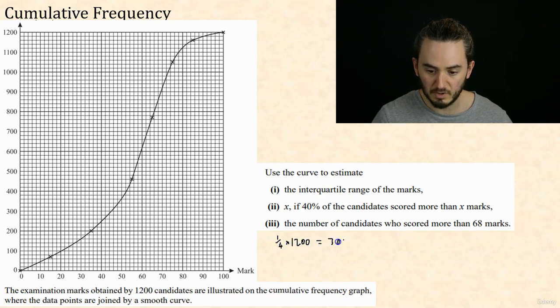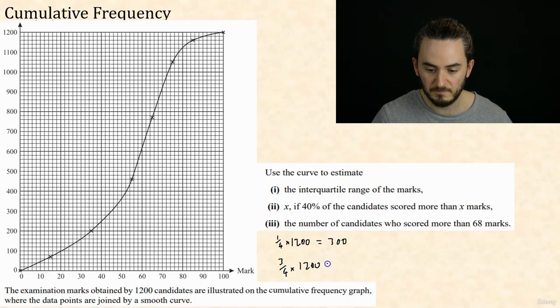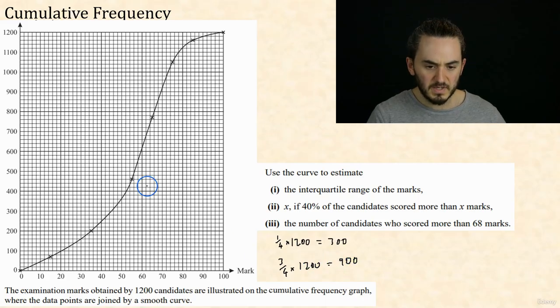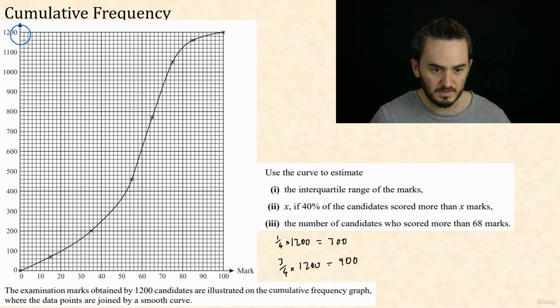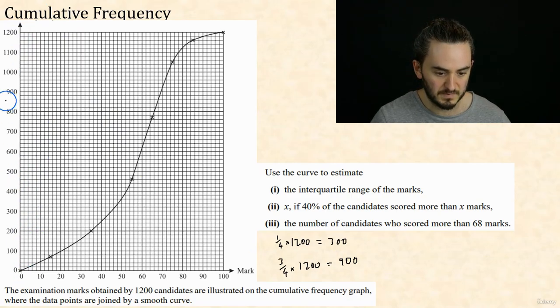So the lower quartile will be the 300th candidate, and the upper quartile will be 3/4 of the way through the data, which is 900. So we can see here the range of candidates, or the list of candidates, if you like, from 1 up to 1,200.